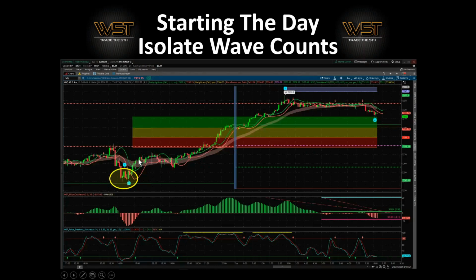So we look back, we go, where's the low? Boom, there we go. We isolate it. We got the 1, the 2, the 3, and now potentially we're on a wave 4. We draw in our 535 measurement, 90 to 140, still good at this moment in time. We've crossed over in the oversold zone.